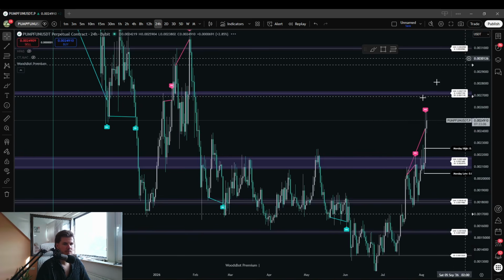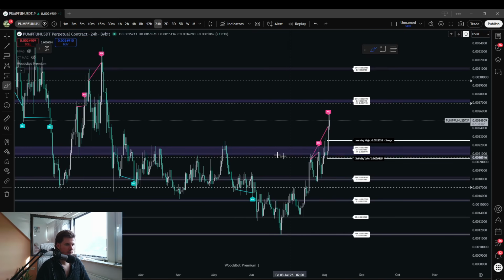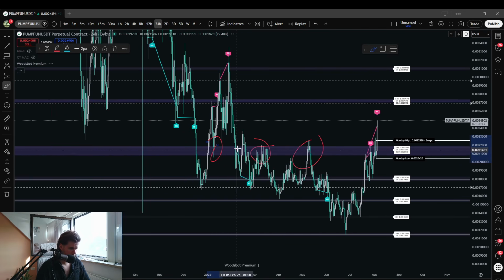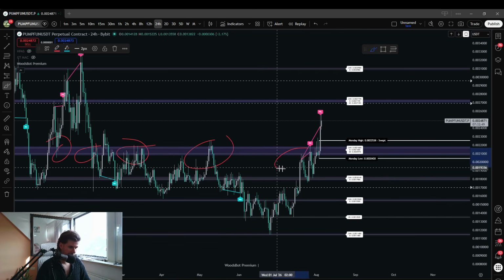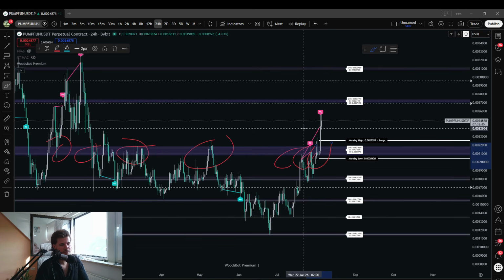You can see how Pump Fun has been really struggling to close above this resistance right here. It bounced here, rejected here, rejected again, and again, and again. It rejected from this confluence zone 7 times. This is a crazy amount of rejection.